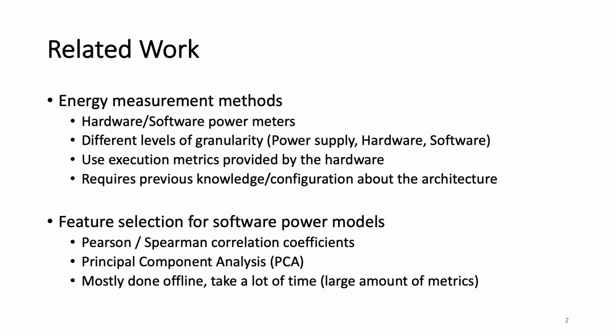This is offline, of course, so they run the benchmarks on the machine in order to capture the behavior of the machine for every performance counter or feature. And at the end, when they finish the exploration, they select the most relevant ones and they will use them in the models.